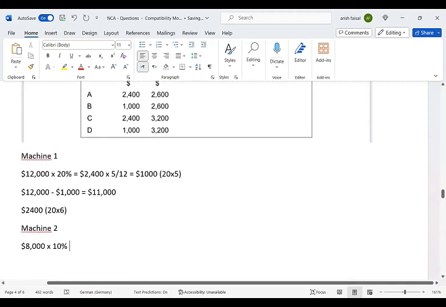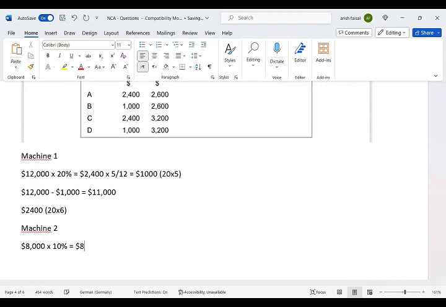That gives me a total of 800, but I'm not going to be charging it for one full year. I will be only charging it for 3 by 12. So 800 multiplied by 3 divided by 12, you get 200, I believe. So 200 would be the depreciation on this asset, machine 2, for 2016.